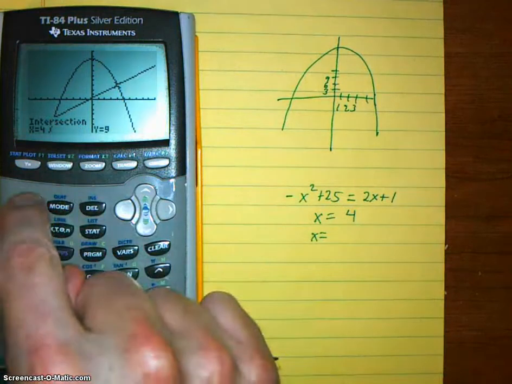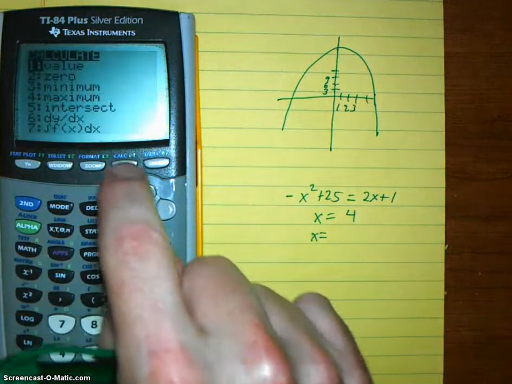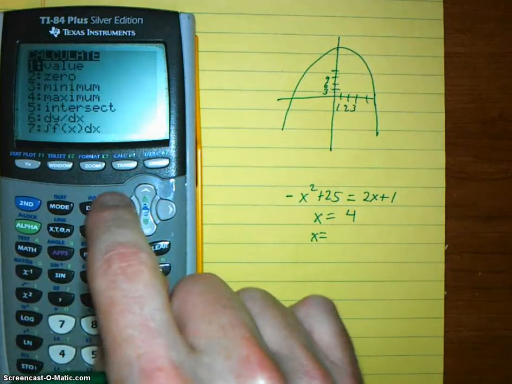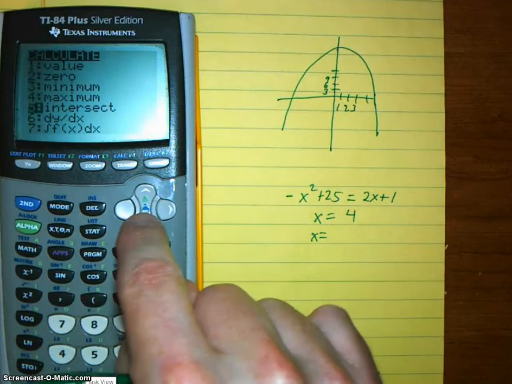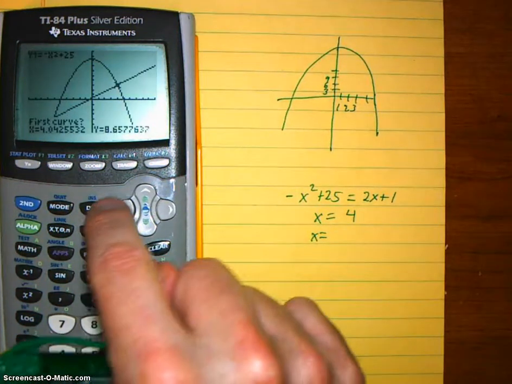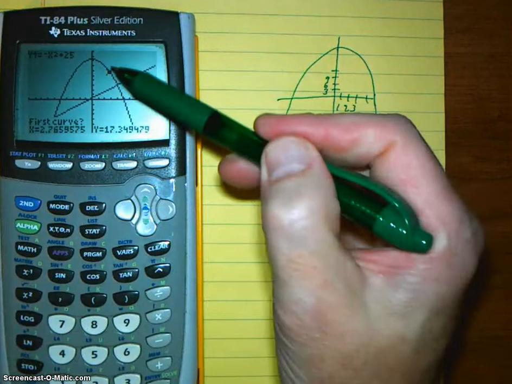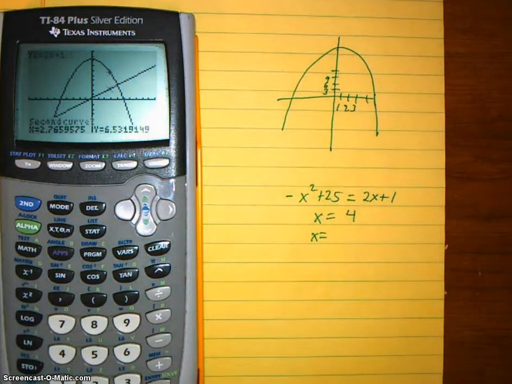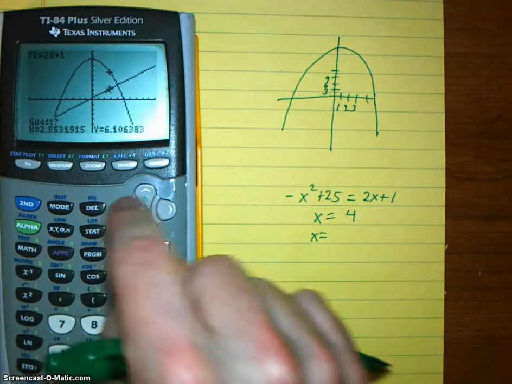To find the other spot, we do the same thing again. We go calculate, down to intersect. Oops, went too far. Once again, it asks, is this the first curve? The answer is yes. Is that the second curve? The answer is yes. Now it wants a guess.